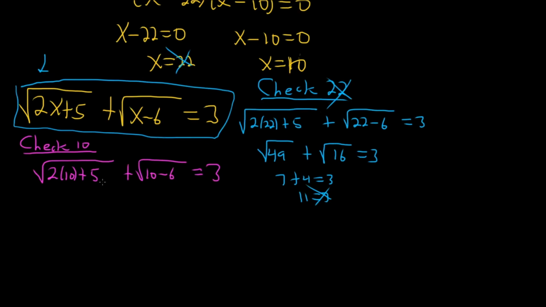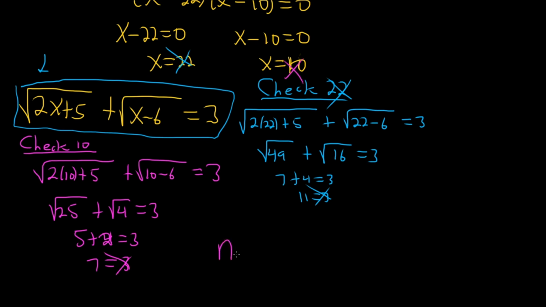It's always like, oh wow, the 2 square roots. It's tough. 20 plus 5 is 25. And then 10 minus 6 is 4. That should be equal to 3. So 5 plus 2 is 3. Almost messed up. So 7 is equal to 3. No. So none of these check.